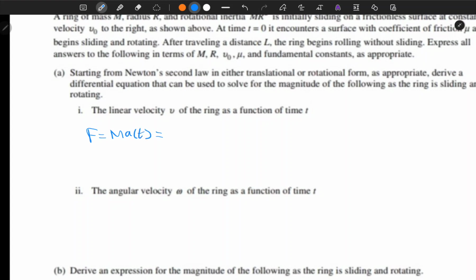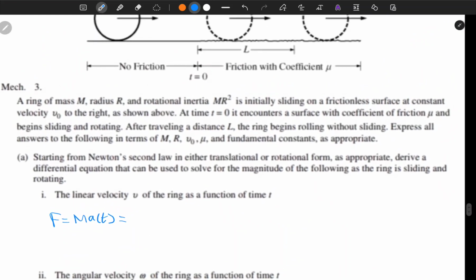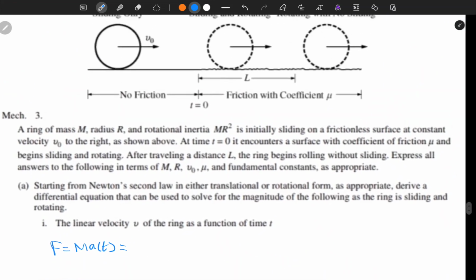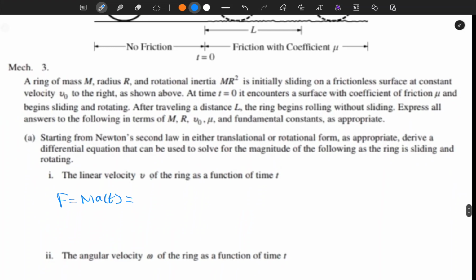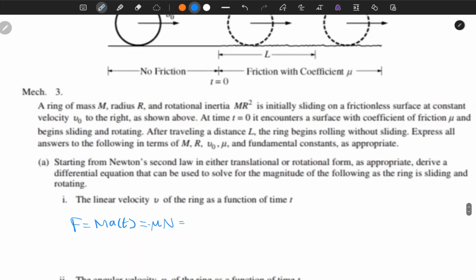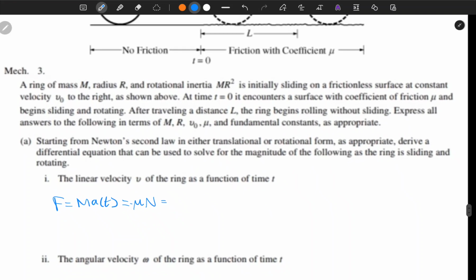Then, the only force acting on the ring as it's both sliding and rotating is the friction force, which is mu N. And here, because this force is slowing down the ring, this should be a negative force.